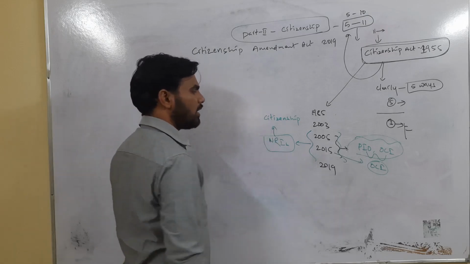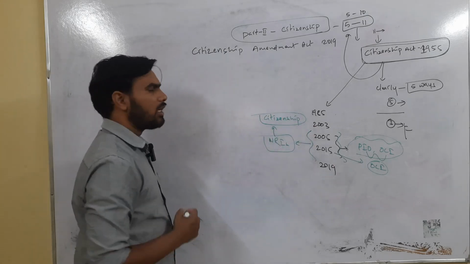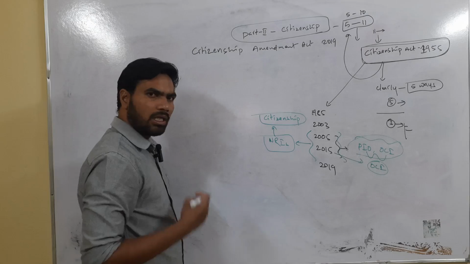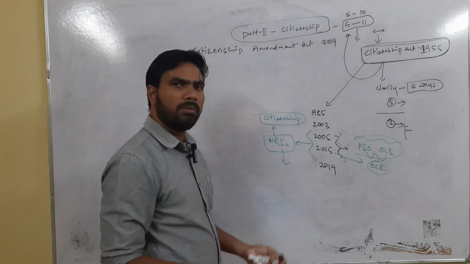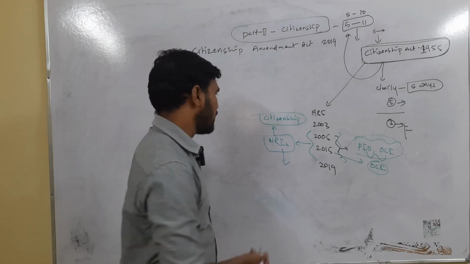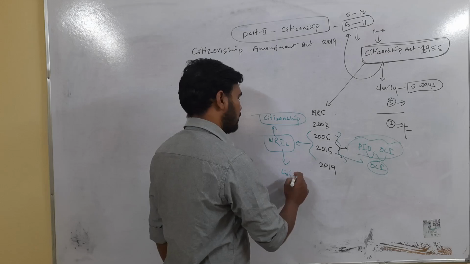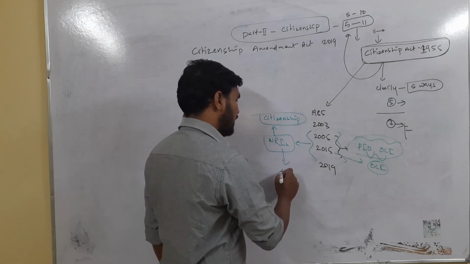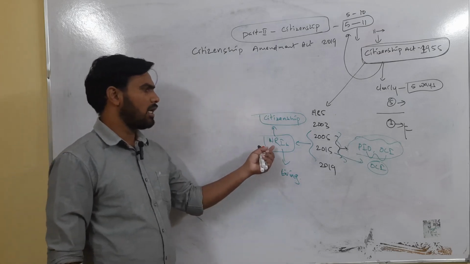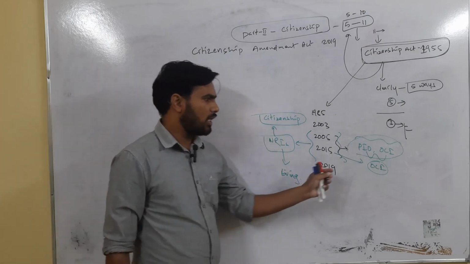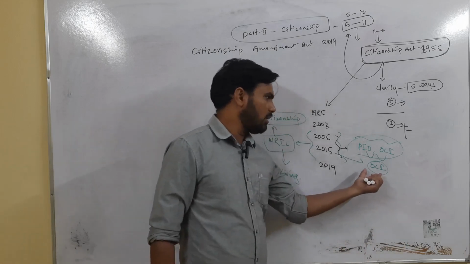What is the meaning of NRIs? NRIs are the citizens of India. They are Indian citizens, but for various purposes, including business and education, they are not residing in India. These people are called non-resident Indians, whereas the other people have some descent with India.